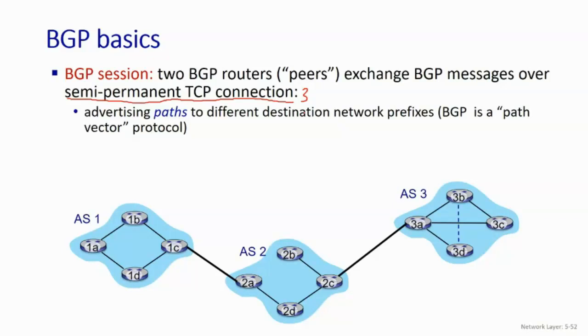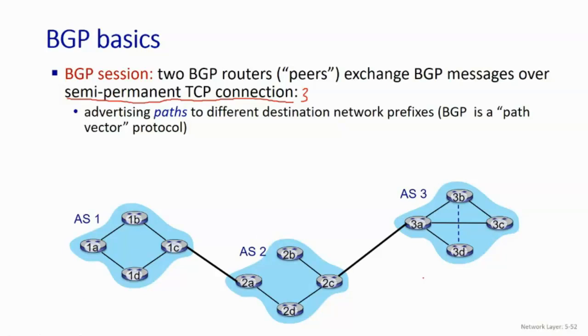Once there are no messages between two peers during the keep alive time, the connection will automatically be disconnected. So the TCP connection is not permanent, it is semi-permanent. As long as there are messages or updates between the two peers, the connection is retained; otherwise it is automatically disconnected. It's not a persistent connection.